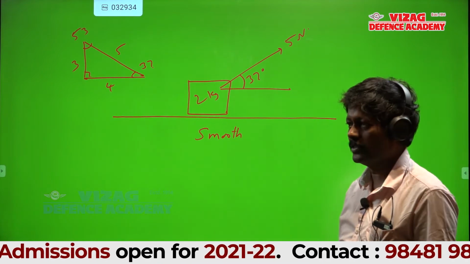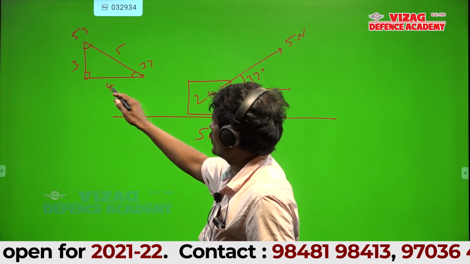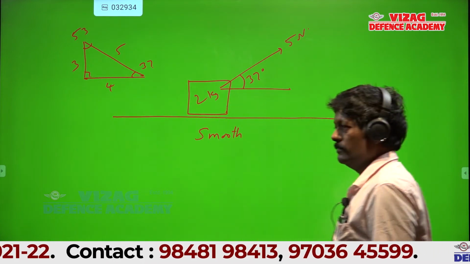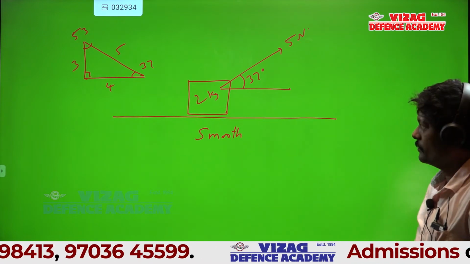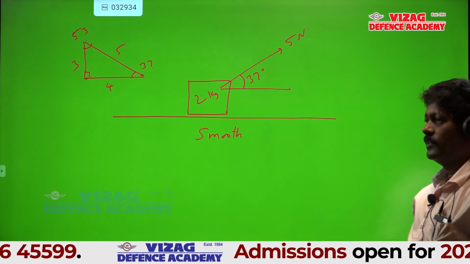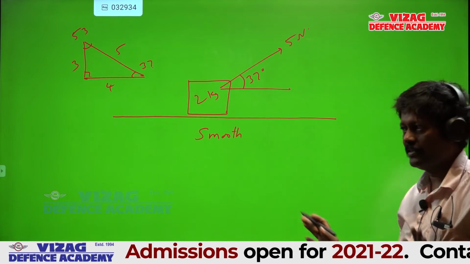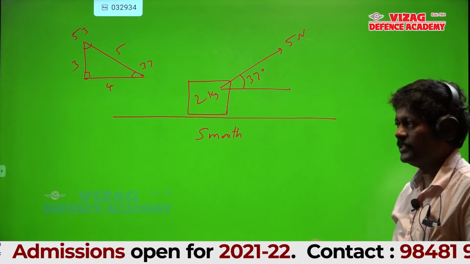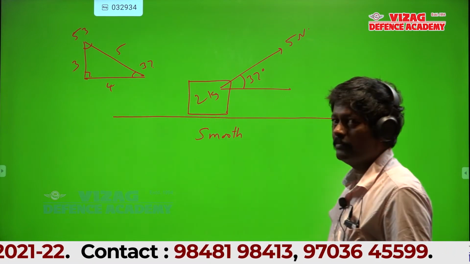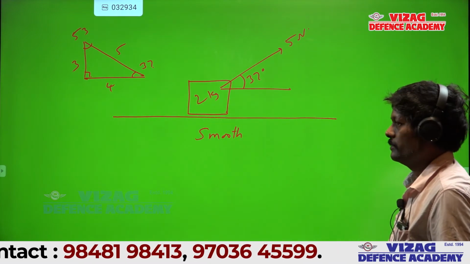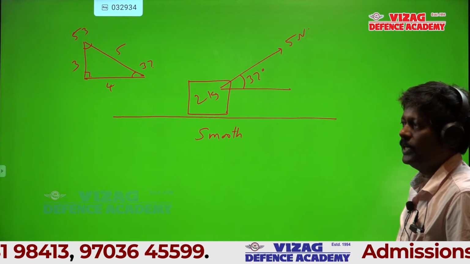Pythagoras theorem: 3 square plus 4 square, under root, will give you 5. That is a standard triangle. Can anyone tell me what is cos 37 there? Cos 37 is 4 by 5, adjacent by hypotenuse.